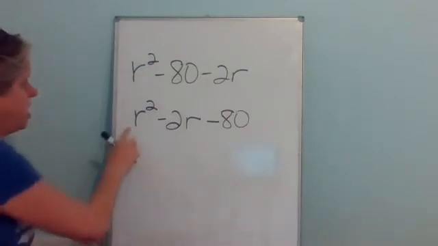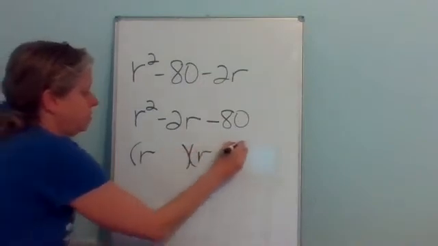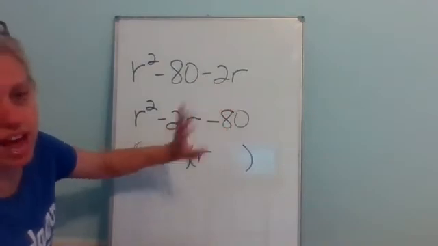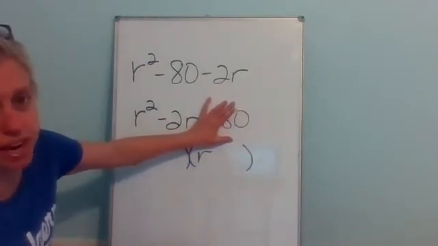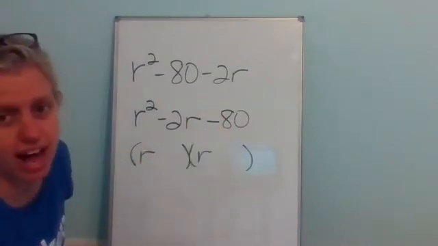So now let's see. Now I can start with the r and r. Now, here's what stinks. I've got to multiply to equal -80. I'm going to worry about that sign in a minute. I need to find all the ways to multiply to equal 80.